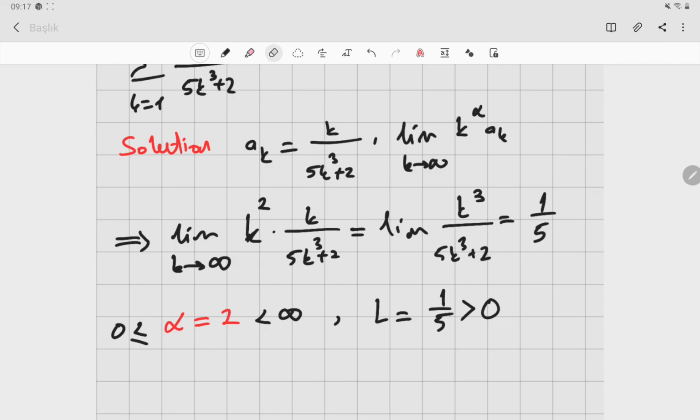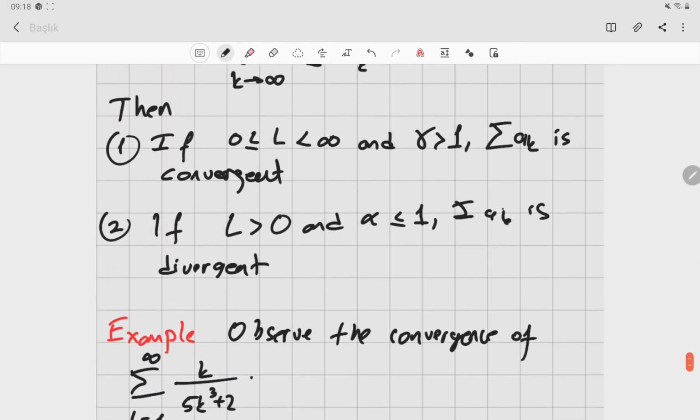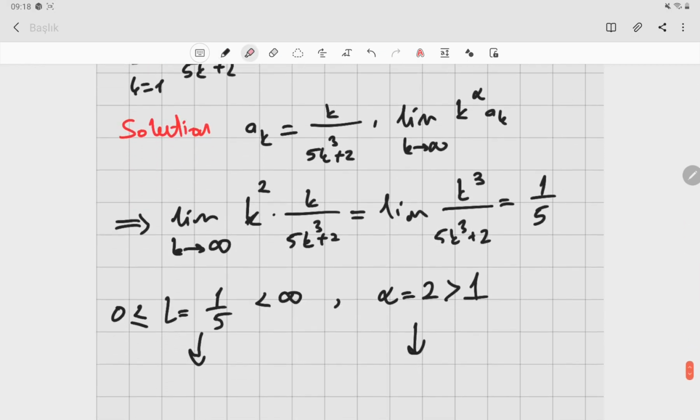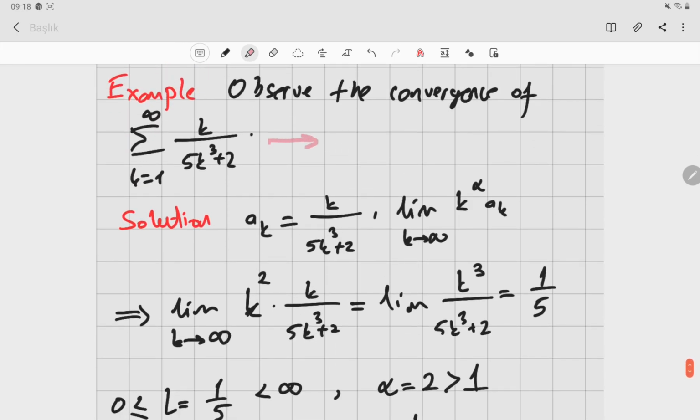Okay, sorry, let me correct here. Here L is 1/5 and here alpha equals 2 greater than 1. So these conditions satisfy the limit test, the first item, I mean this one. So then the limit test works and says the given series is convergent.